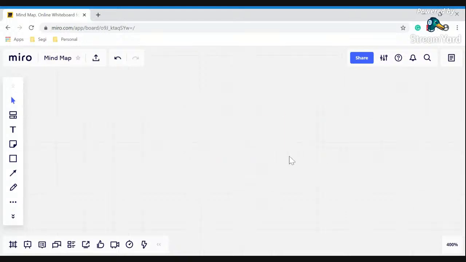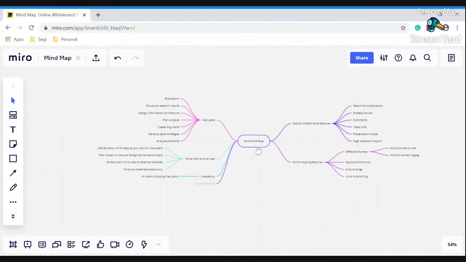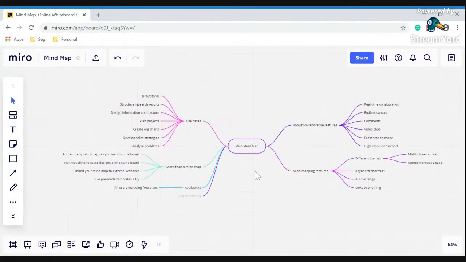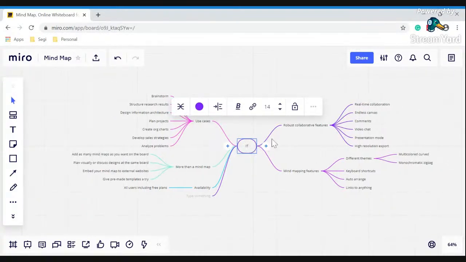Okay, here, can you see the picture? So here is where you create the mind map. Maybe I just use an example because I teach IT in Segi College. So here I just use an IT topic to help create all this mind map. You can just change the text to IT.